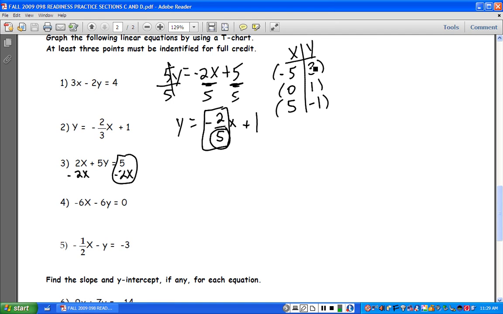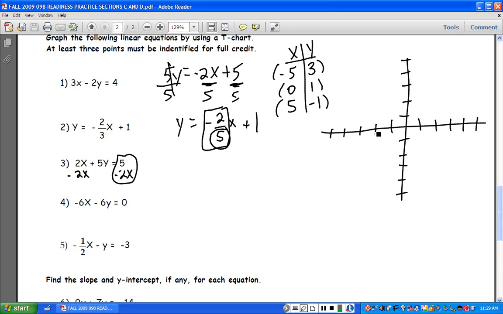5 being the biggest number out of all of these, or the greatest distance from 0, is maybe a better way to put it, absolute value wise. 1, 2, 3, 4, 5 on each axis direction.